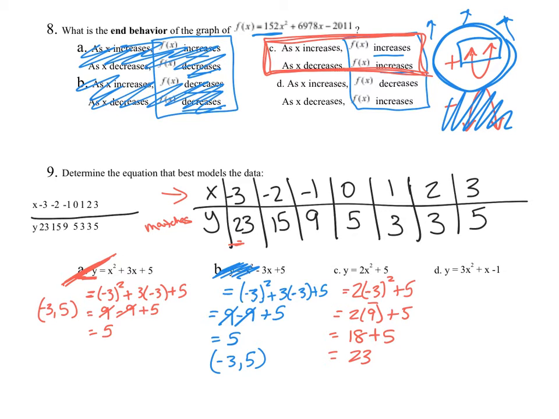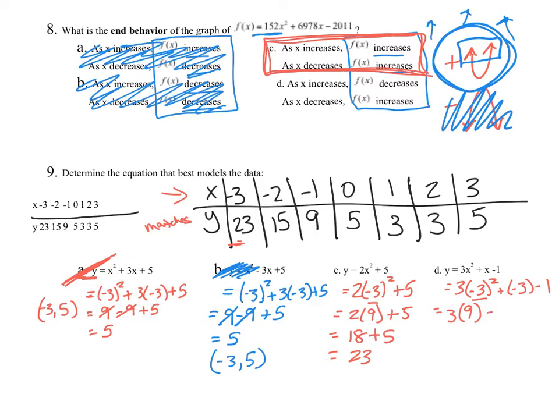Let's try D just to be safe. 3 squared plus -3 minus 1. So -3 times -3 is 9.